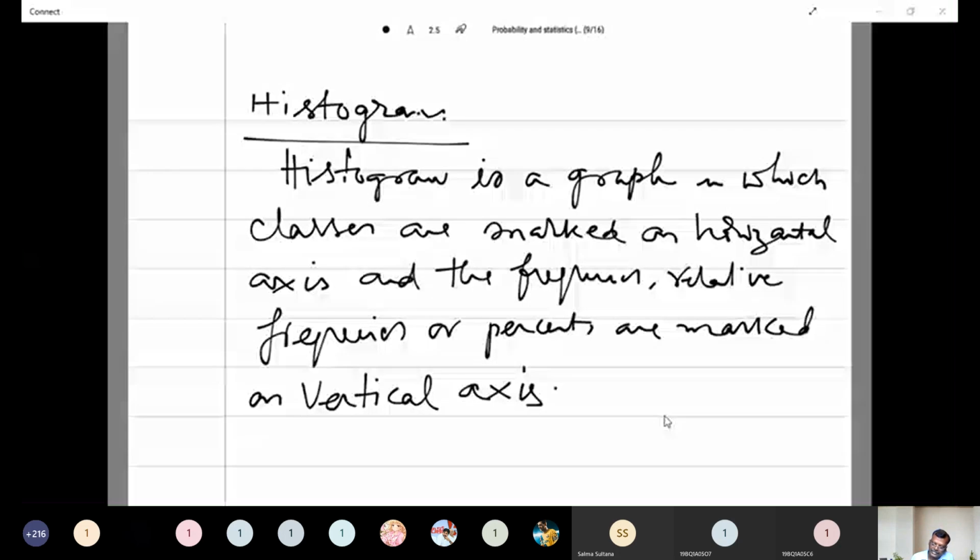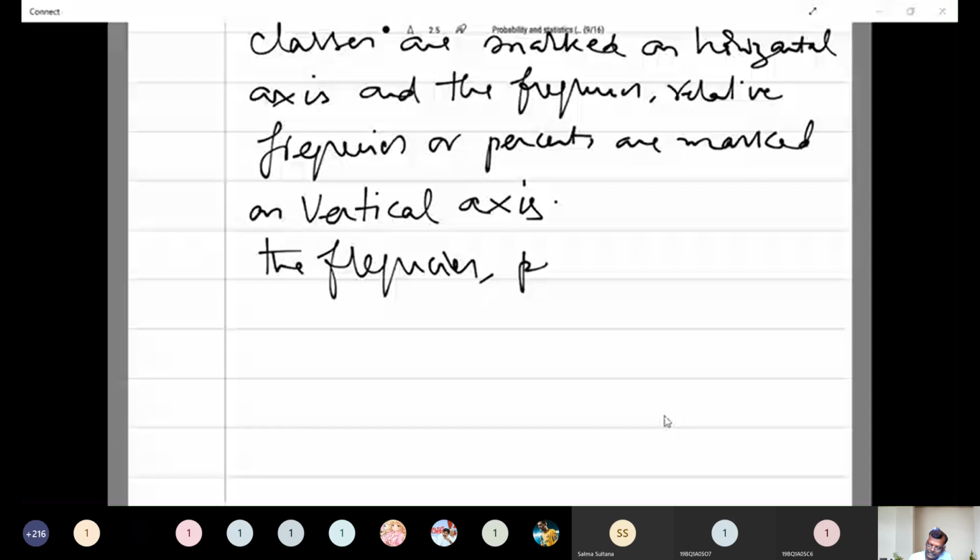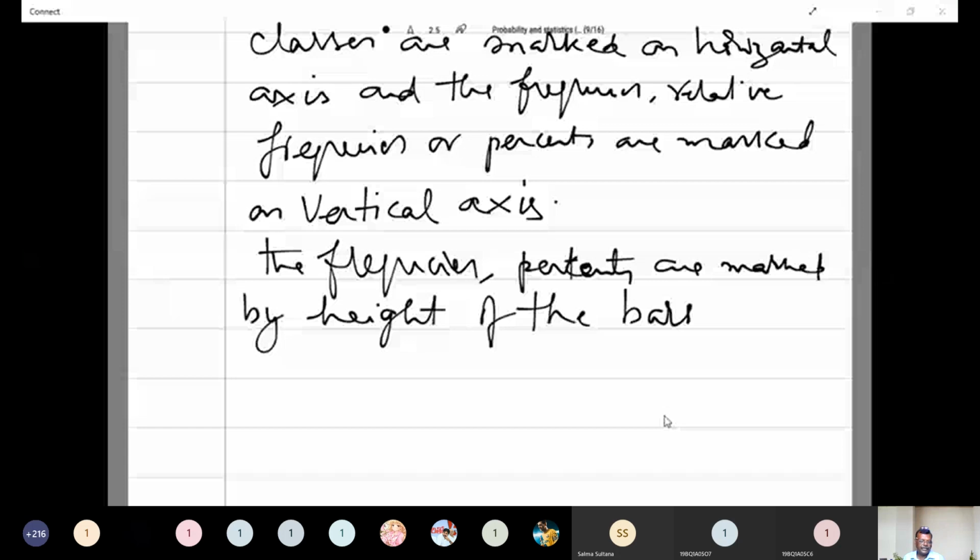In a histogram, the bars are drawn adjacent to each other.